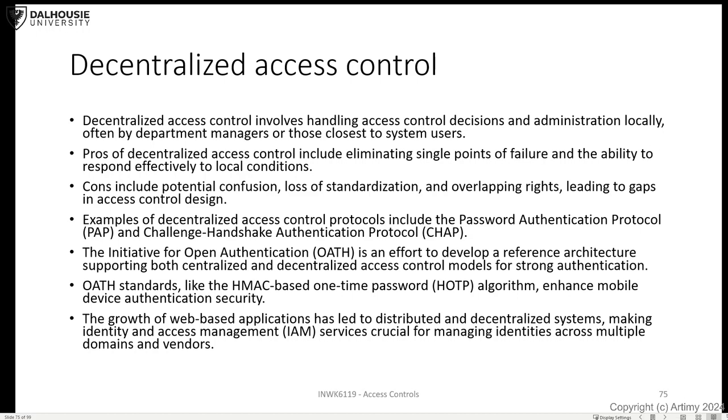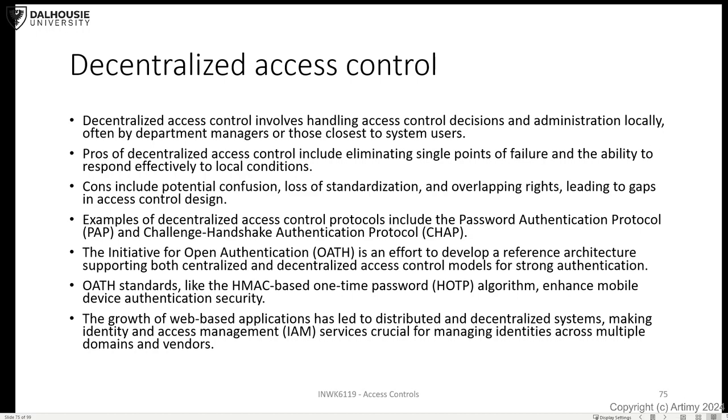There are also open authentication standards, or OAuth, which is a set of standards, not just one, that are designed to provide authentication. Some of these standards are part of the tokens that we talked about earlier, or they can be used to implement the tokens.